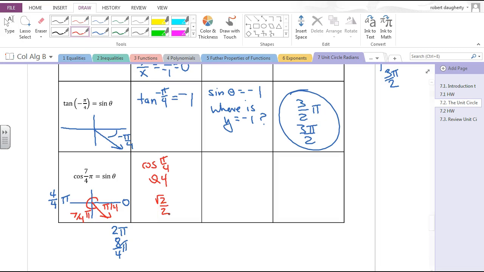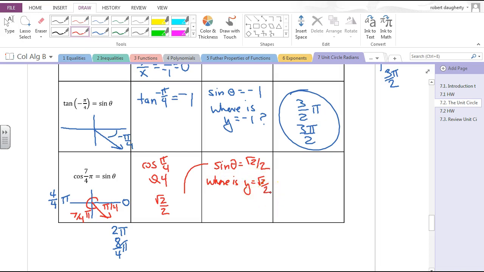So this problem now becomes sine of theta equals square root of 2 over 2. Now this problem turns into, where is the y value equal to square root of 2 over 2? Because that's what the sine is. So where is y equal to square root of 2 over 2?